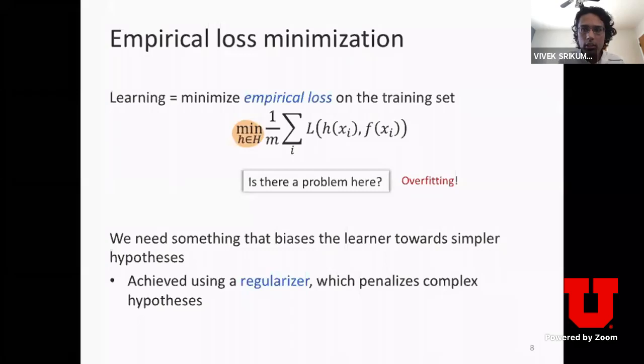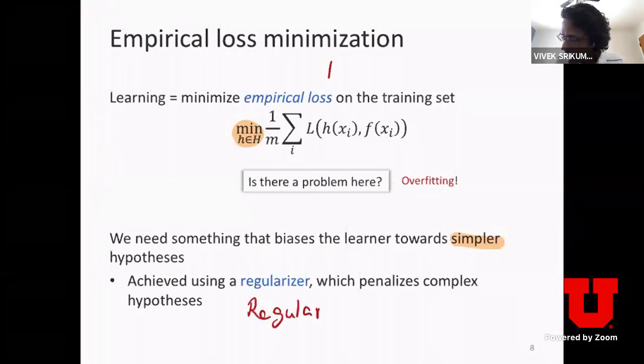And using the intuition that we've seen in Occam's razor, we want something that biases this search towards simplicity, towards a simpler hypothesis. This is done using something called a regularizer. A regularizer can be thought of as a function that takes a hypothesis and produces a number.